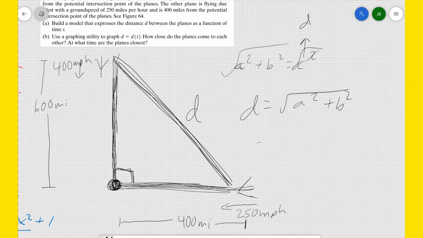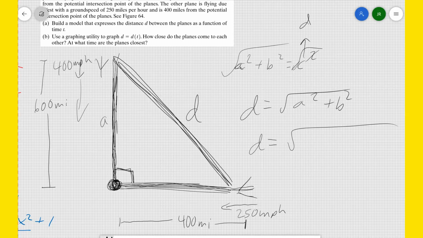In this case, d equals the square root. Let's call this a. What is a? A is 600 miles, but it's not constantly 600 miles. It is changing very rapidly. This plane is going 400 miles per hour in this direction. So an hour later, it's only 200 miles. An hour later, it's already past it.